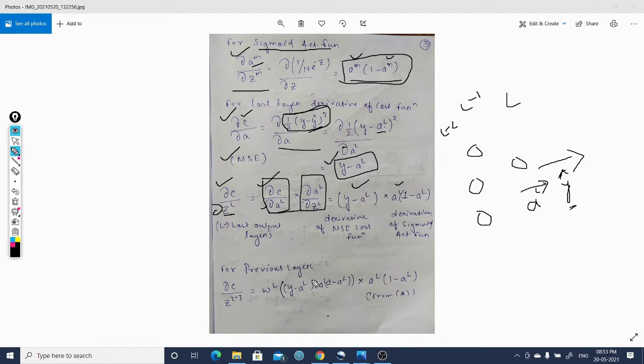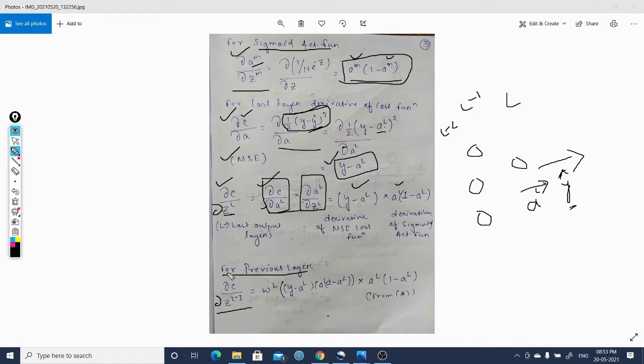For the previous layer, for the L minus 1 layer, what happens from here? Let's see. Just remember that. For the previous layer, what is dC by dZ L minus 1?